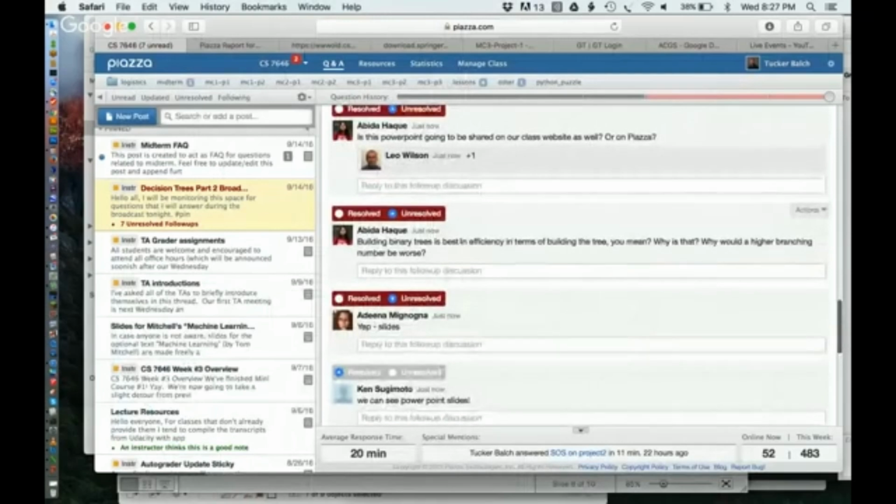Abida asks a question. Building binary trees is best in efficiency in terms of building the tree, you mean. Why would a higher branching number be worse? I meant that if the tree is binary, it is likely a little bit easier to process. Think about efficiency in terms of a CPU.